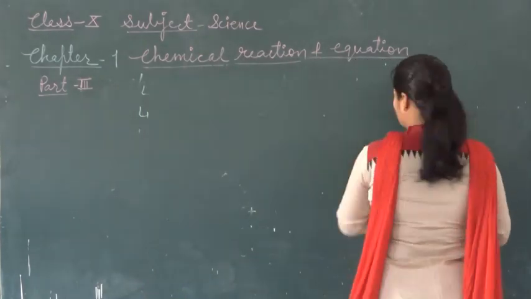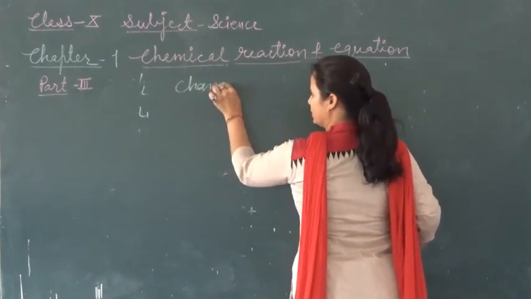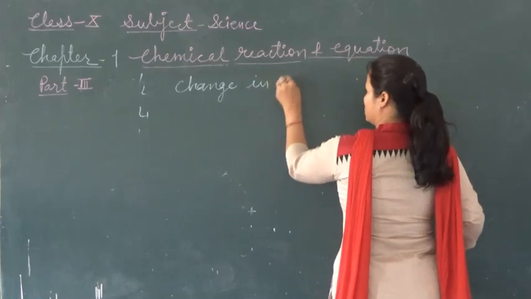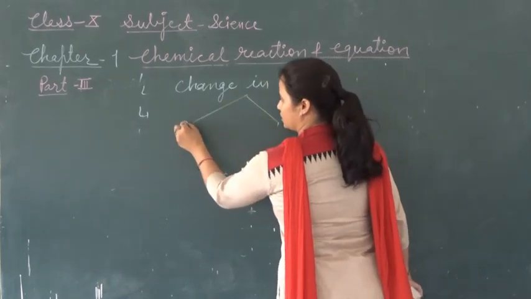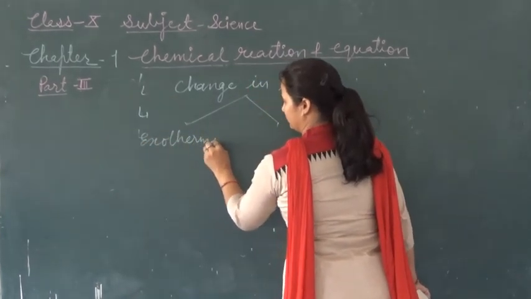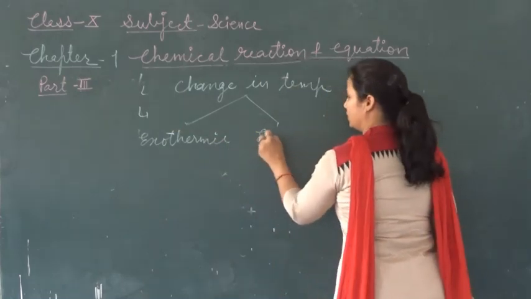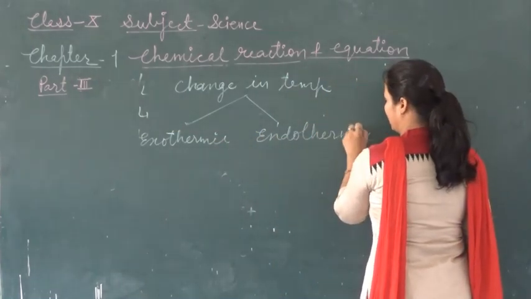On the basis of change in temperature, there are two types of chemical reaction. The first one is called the exothermic reaction, and the other one is the endothermic reaction.